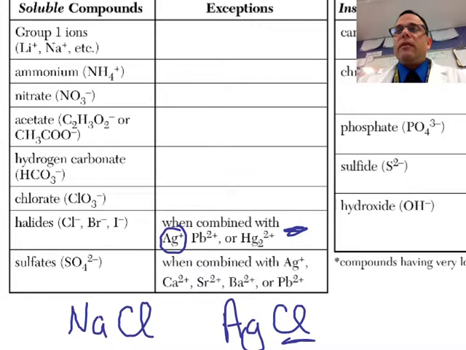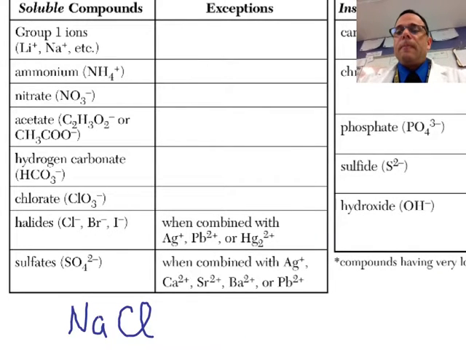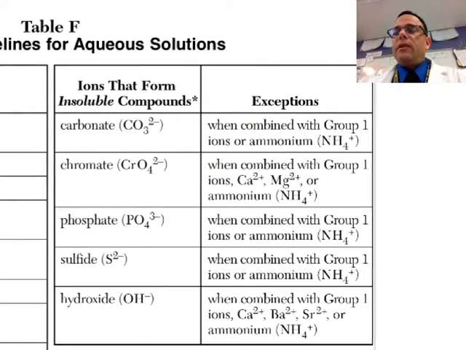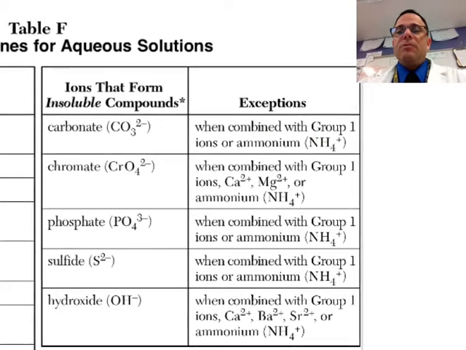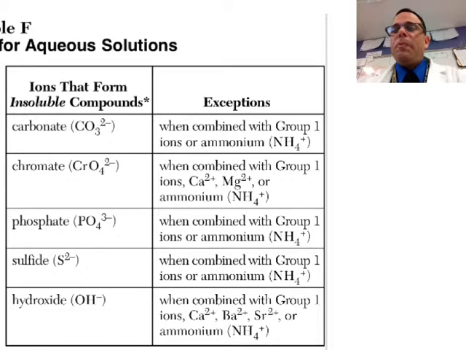Let's take a quick look at the other side of this table so we can understand it. And this one takes a slightly different perspective. All of these, if present in the formula, are insoluble unless combined with one of these other substances. So to give you an example, calcium, which is in group 2, calcium carbonate, would be insoluble because it does not fit any of these exceptions, so it would be solid.